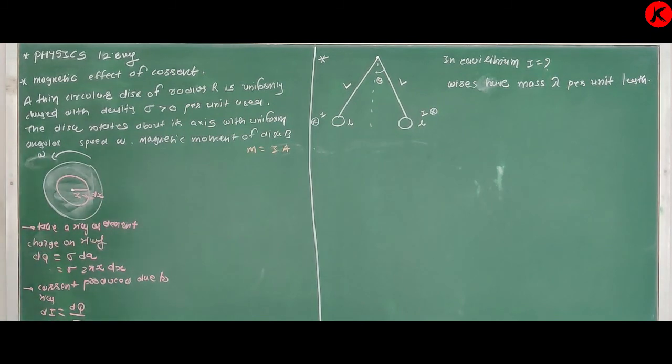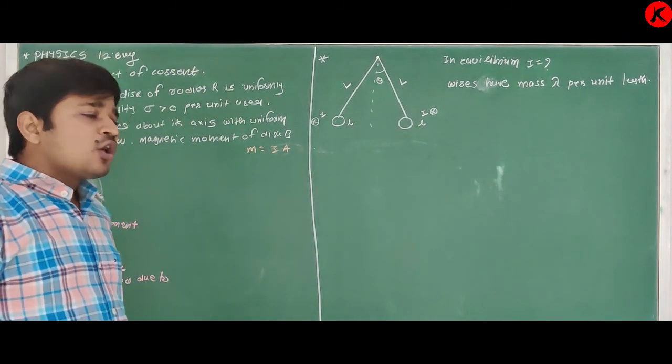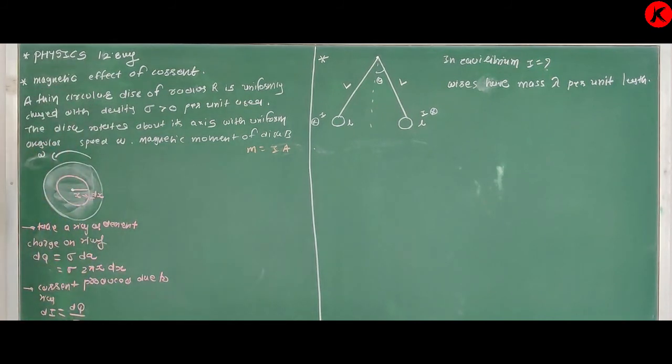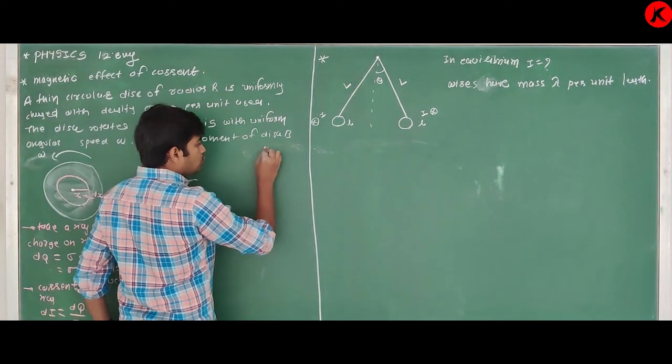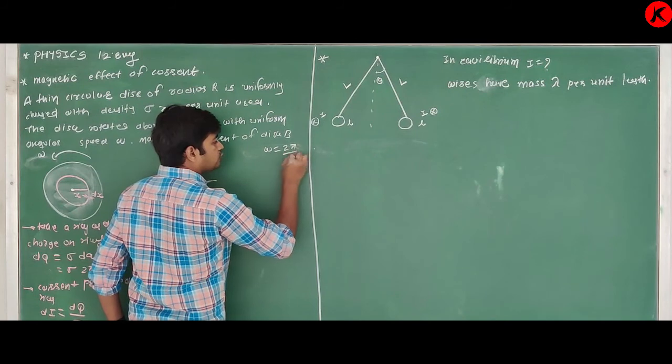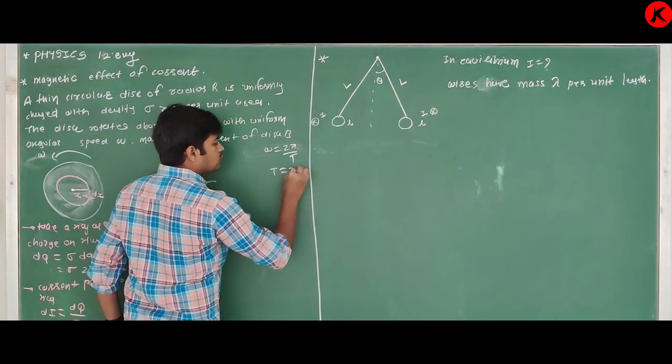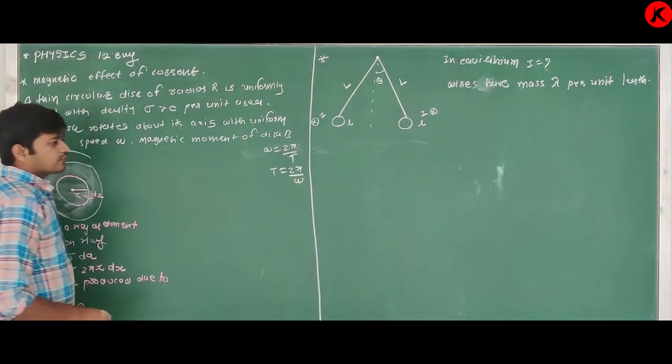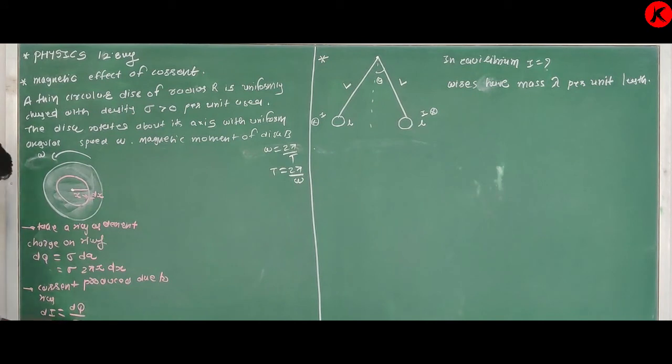For circular motion, which equation of current do you use? Charge upon periodic time. You know the relation between t and omega: omega is equal to 2 pi upon t, so t is equal to 2 pi upon omega. So I can replace t by 2 pi upon omega.